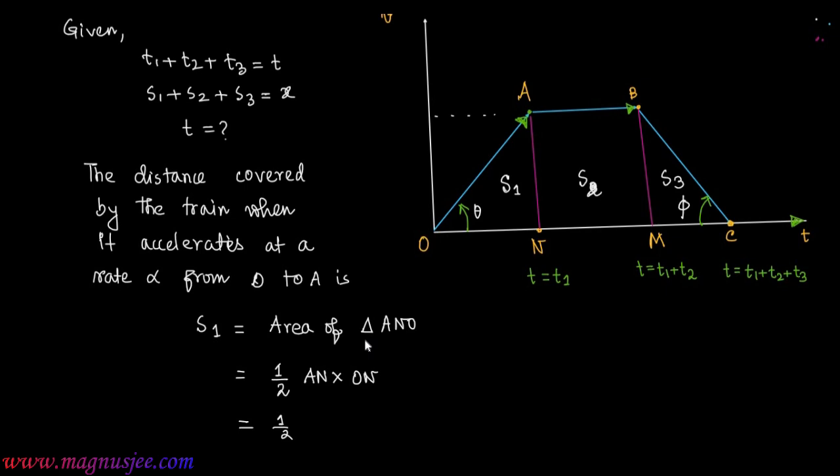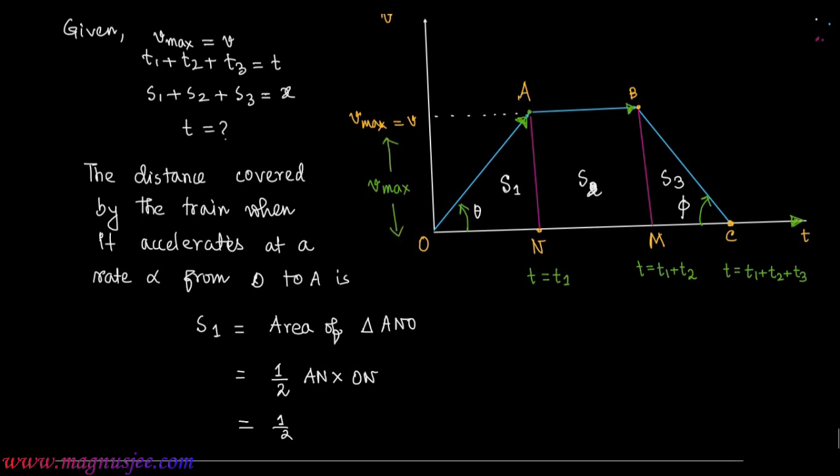Half. Now putting the values, from A we can draw a straight line parallel to time axis. The point at which this straight line from A touches the velocity axis, V will be equal to Vmax, and according to the question, maximum velocity of the train Vmax is V. In place of AN we can write Vmax, which is the maximum velocity of the train.